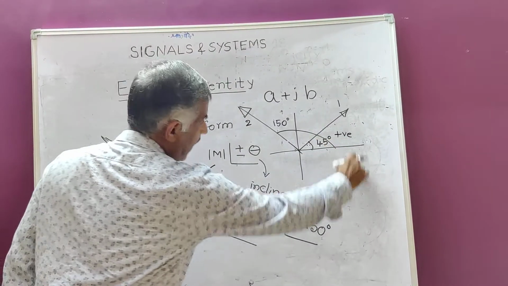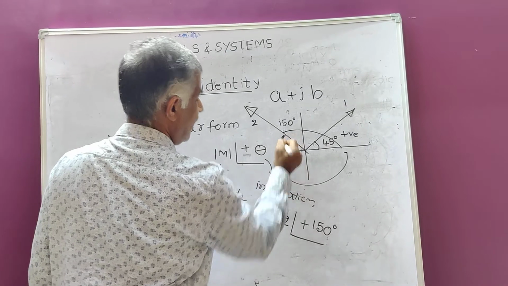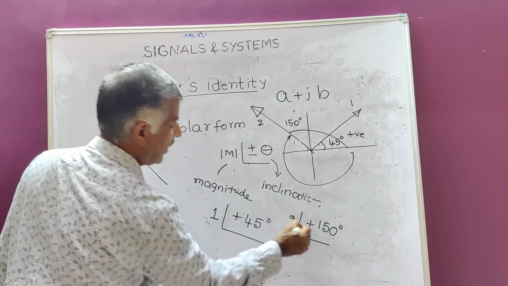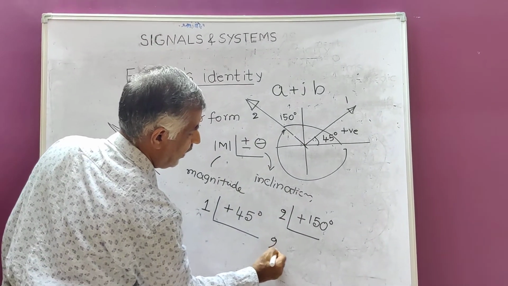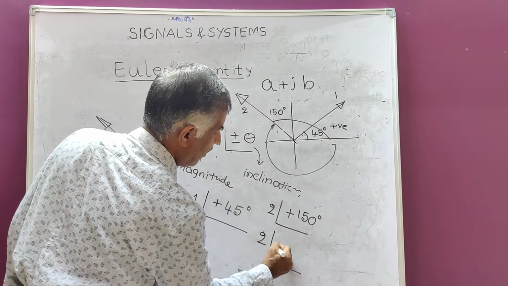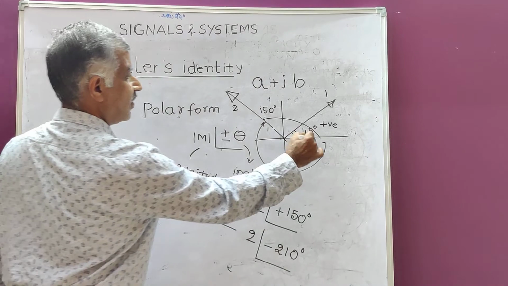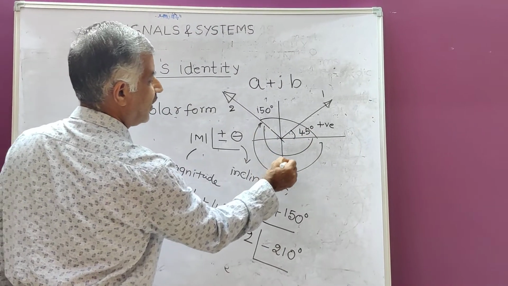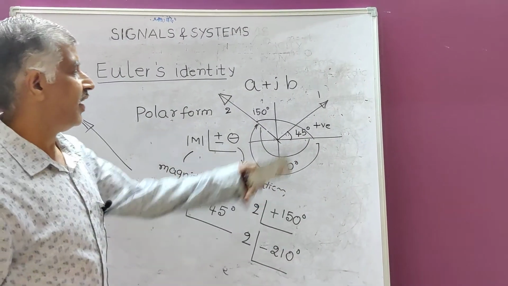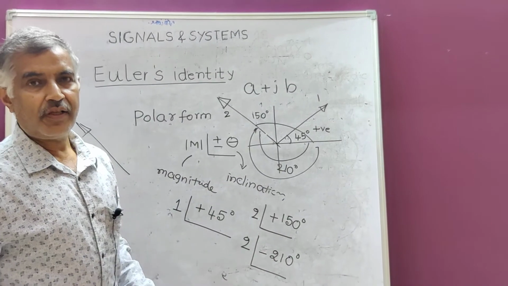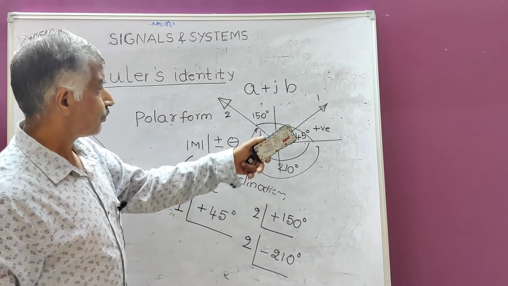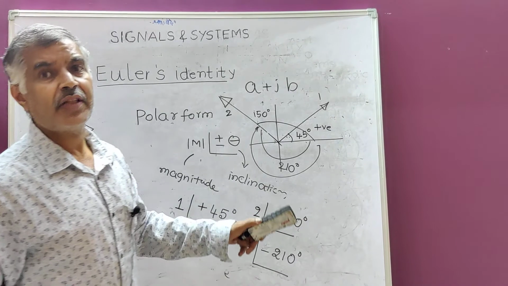If you measure in the other way, then the same phasor, the same vector, becomes 2 at an angle minus 210 degrees, because this angle will be 210 degrees measured in the clockwise direction, taken with minus sign.